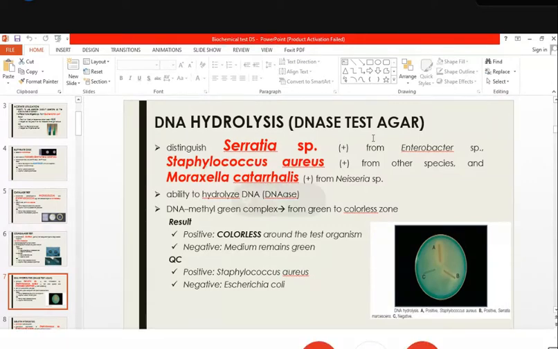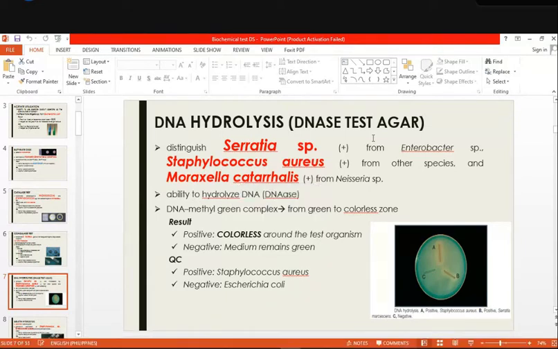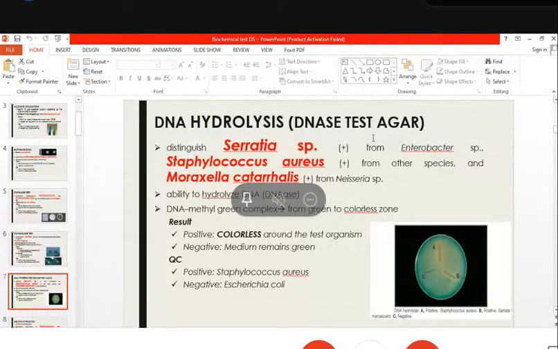Clearing po, ma'am. May indicator, for example, it's toluidine blue. Pwede ka mag-indicator ng toluidine blue or methyl green.